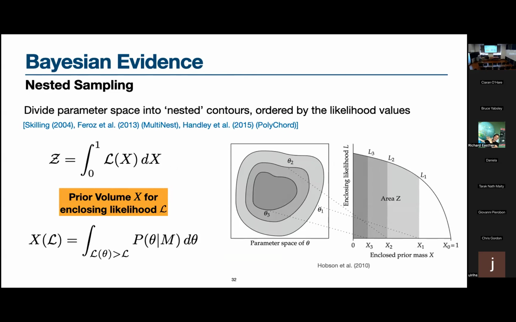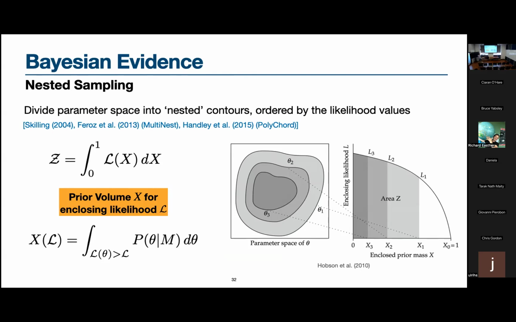And this is just a short one slide summary of this complicated algorithm. The idea is to convert your multidimensional parameter space into one-dimensional prior volume space using these nested contours. So each nested contour corresponds to a particular likelihood value.